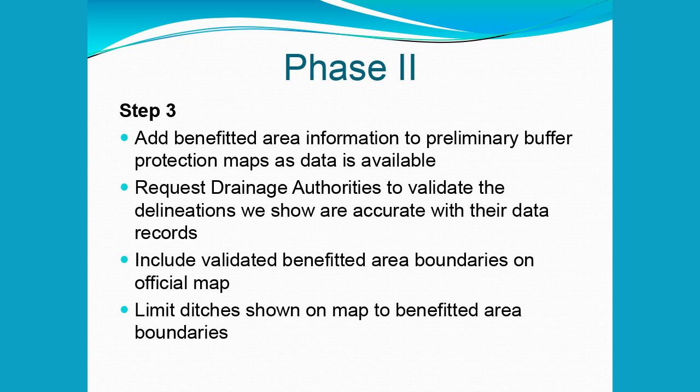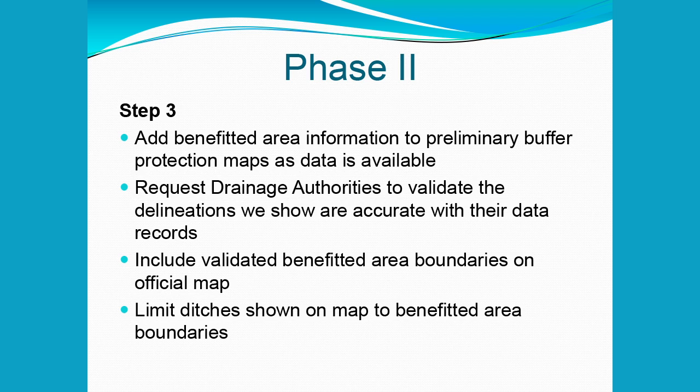All right. Phase 2, I think I just covered all this stuff, is that we'll have the benefited areas as it flows in, and we'll show that. You can expect that the preliminary buffer protection maps, when we put them out, are going to change as we get information in, and so they will continually be updated, a fluid process because there's a lot of information we need to get in and have you be looking at.